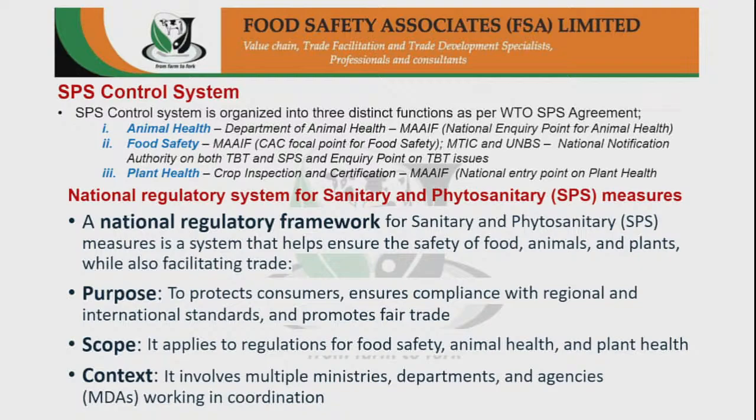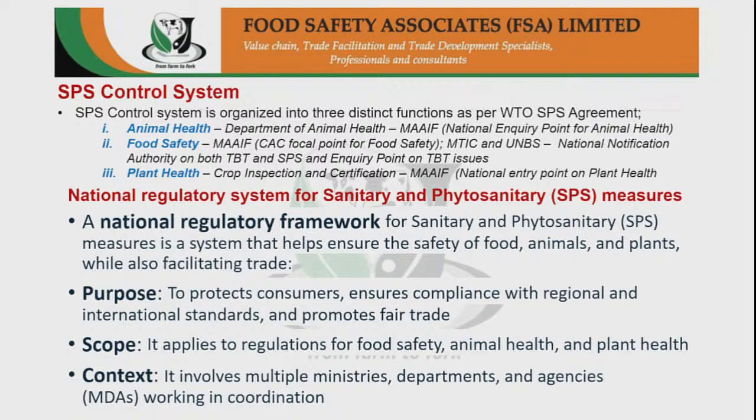Okay, so this framework should be purposed to protect consumers and ensure compliance for our traders with regional and international markets. And therefore, it should also help us promote fair trade practices.